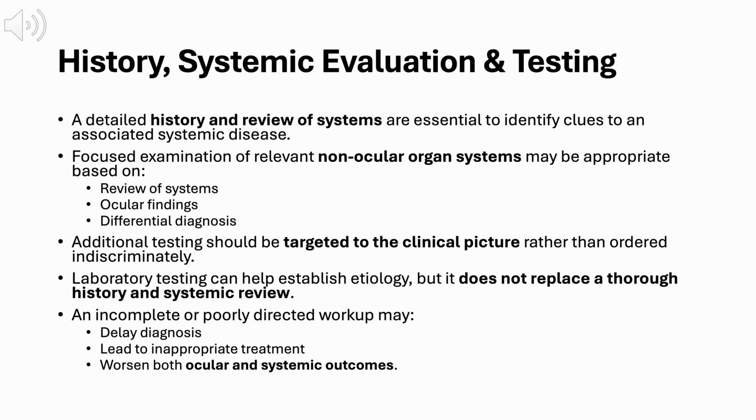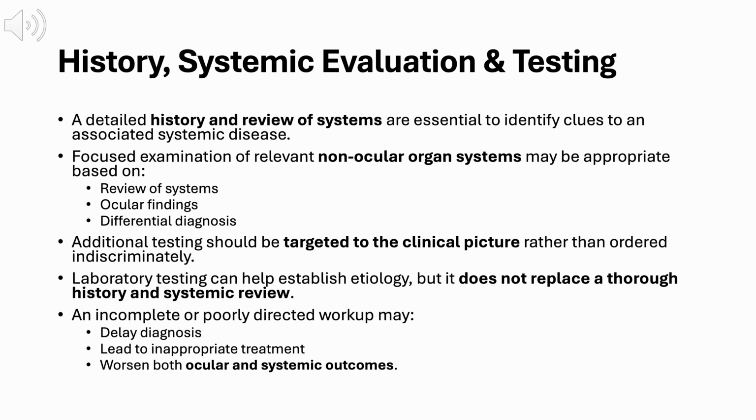Labs can help establish an etiology, but they never replace a thorough history and systemic review. And the stakes are real. An incomplete or poorly directed workup can delay diagnosis, lead to inappropriate treatment, and worsen both ocular and systemic outcomes. In uveitis, careful thinking up front protects the patient later.